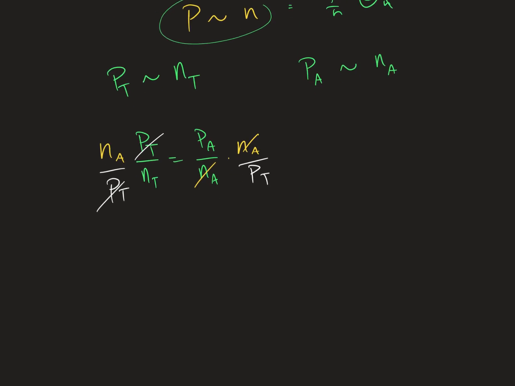So then I rewrite this equation as the number of moles of one substance, in ratio to the total number of moles, is equal to the partial pressure of that substance over the total pressure. And we call this the mole fraction. Big deal, right?